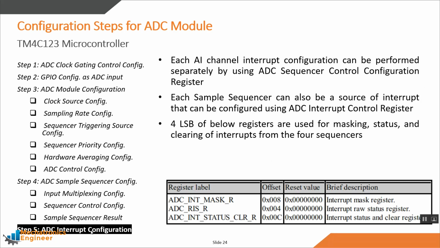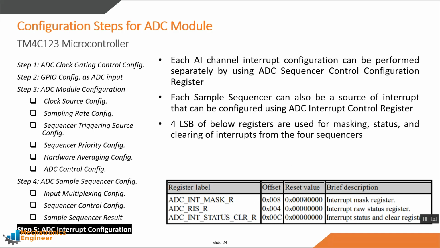Step 5, ADC interrupt configuration. Interrupt configuration for each analog input channel can be performed separately as mentioned in the description of the ADC sequencer control configuration register. In addition, each sequencer can be a source of interrupt as well, which can be configured using the ADC interrupt configuration register as shown in this table.